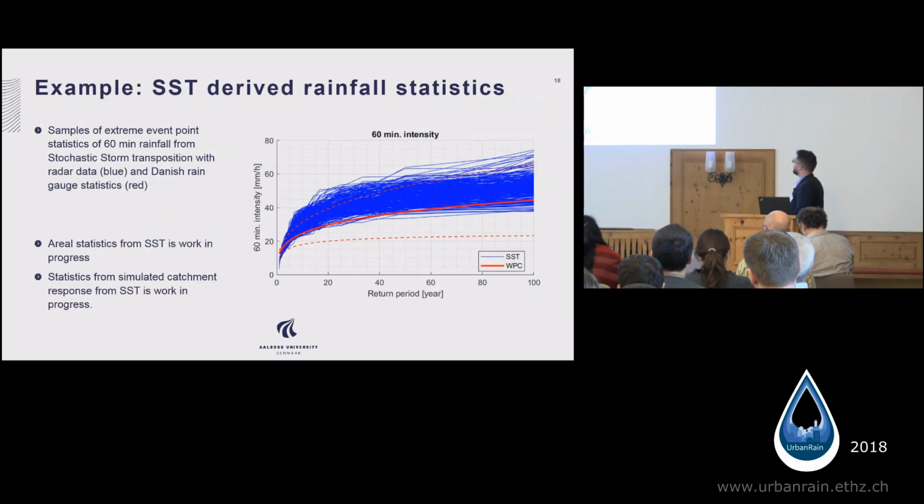So this is just an example where we sample from our data sets 60-minute rainfall and move them over a catchment. So we have quite a variability here of sampled statistics compared in this case to the Danish gauge statistics. The areal statistics is still work in progress, and also the catchment response statistics.